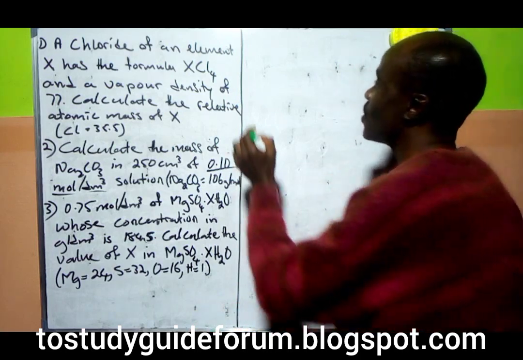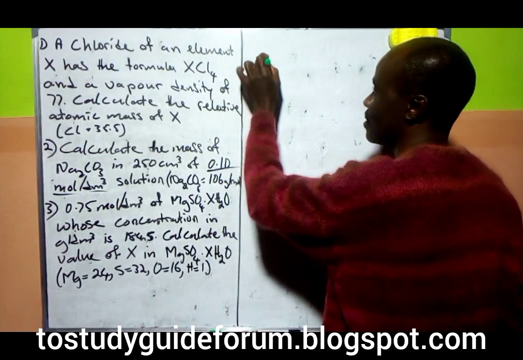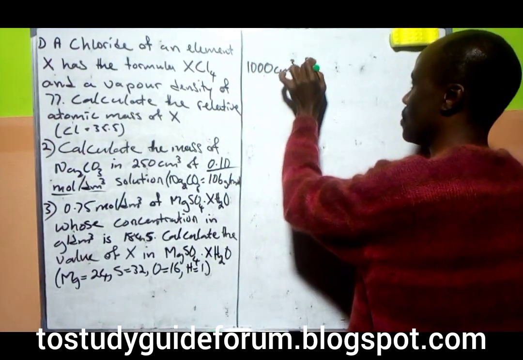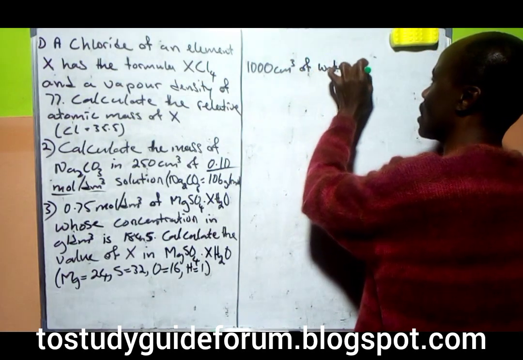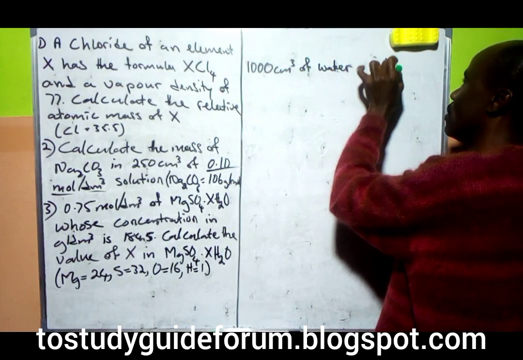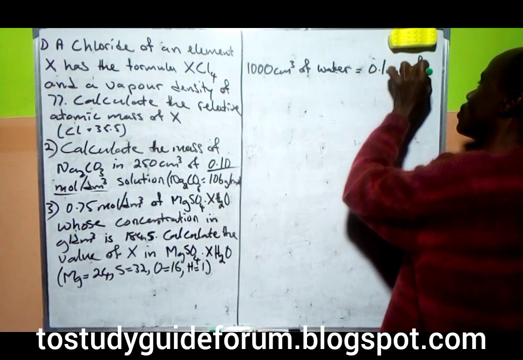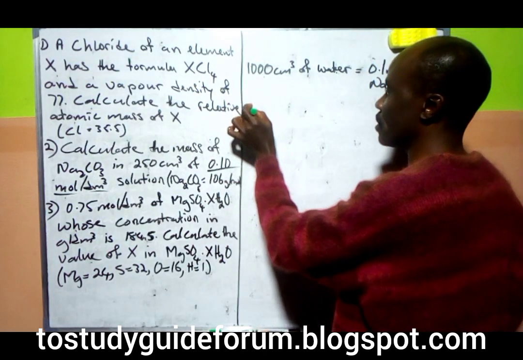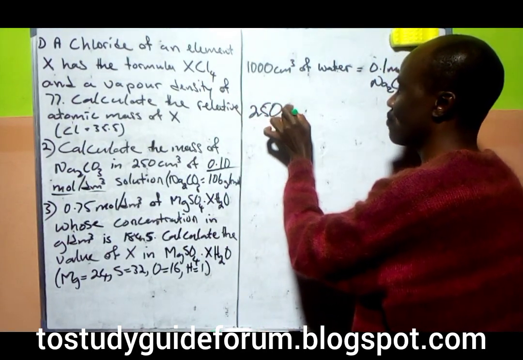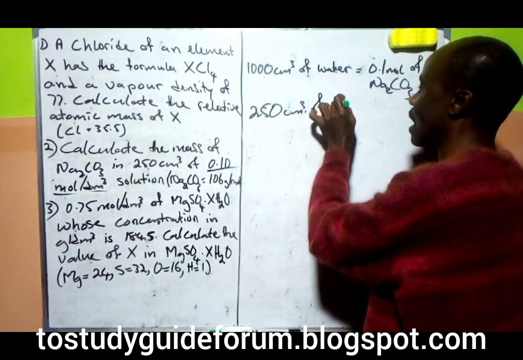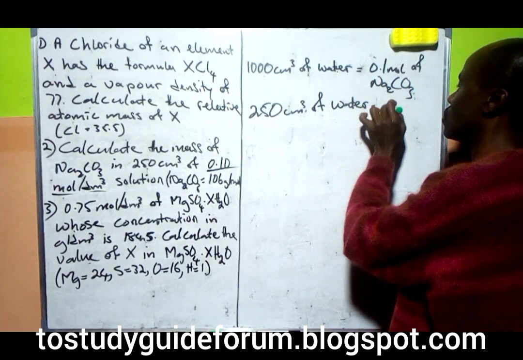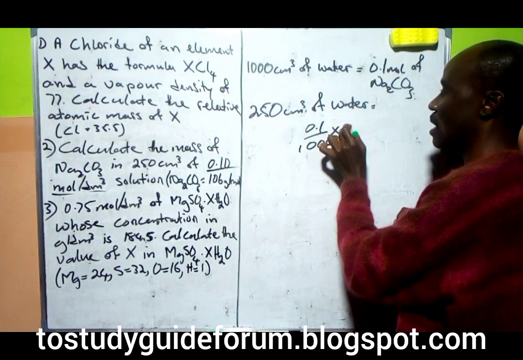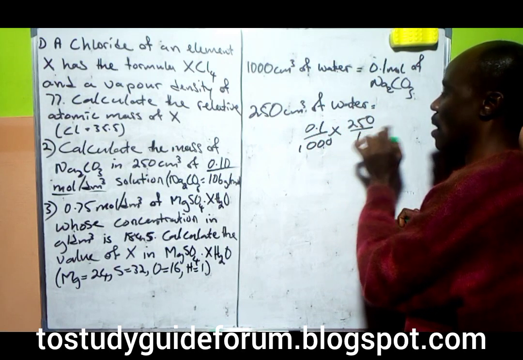So now, since we have 1000 cm cube equal to 1 dm cube or 1 liter of water, which contains 0.1 mole of sodium trioxocarbonate, 250 cm cube of water will be equal to 0.1 over 1000 times 250 over 1.